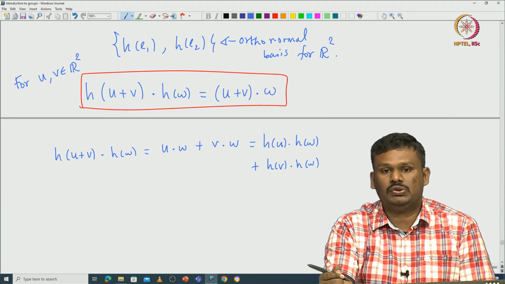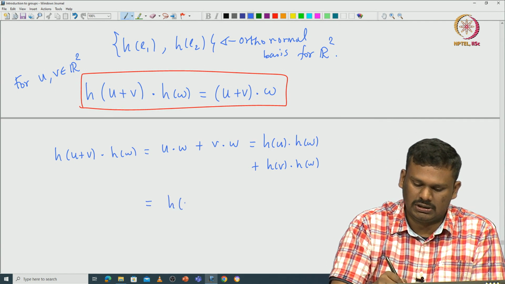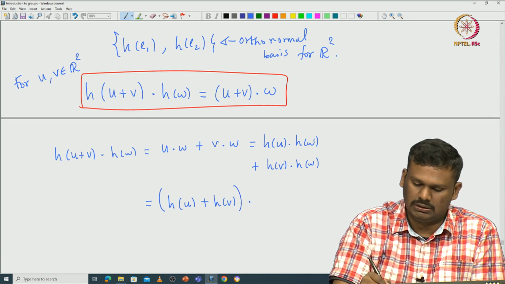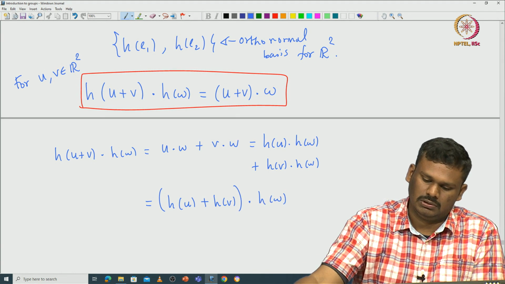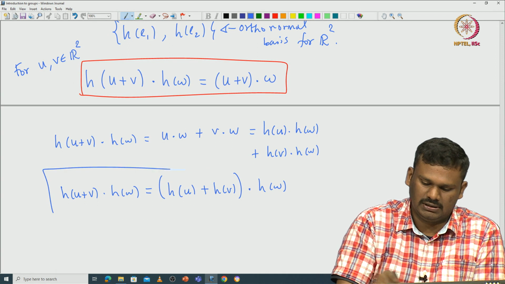We are repeatedly using this star. Then this is exactly equal to H of u plus H of v dot H of w. So, H of u plus v dot H of w is exactly this.